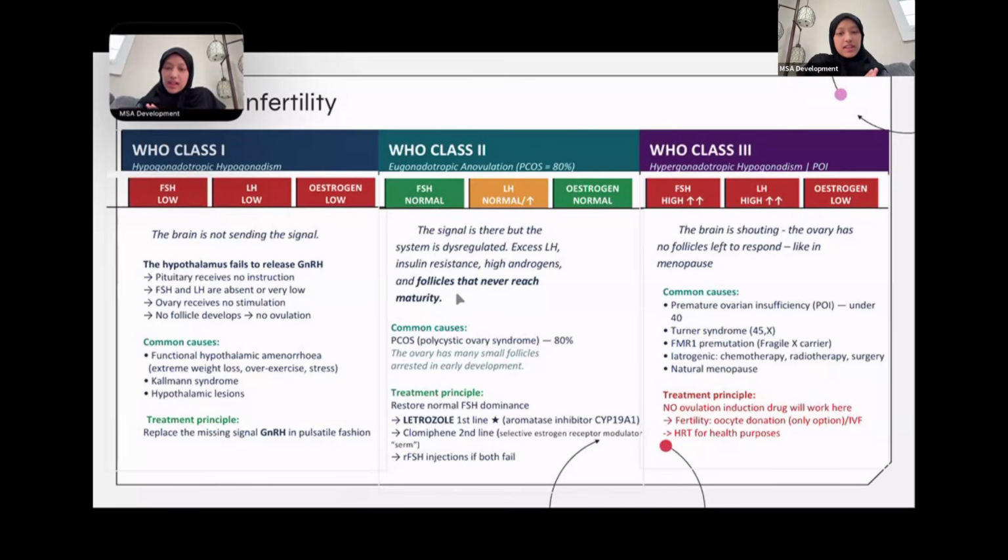What is the treatment behind this? So, treatment is to restore normal levels of all these hormones. There are special drugs for this, specifically for PCOS, which are letrozole and clomiphene citrate. Okay, just remember these two. First line is always letrozole.